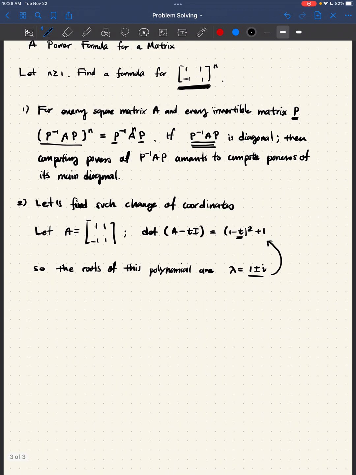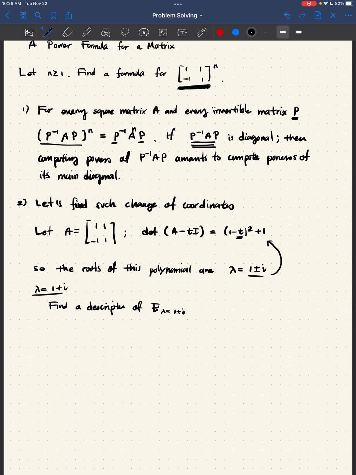So first, what happens when lambda is 1 plus i? In this case, we need to find a description of the eigenspace associated with this eigenvalue.